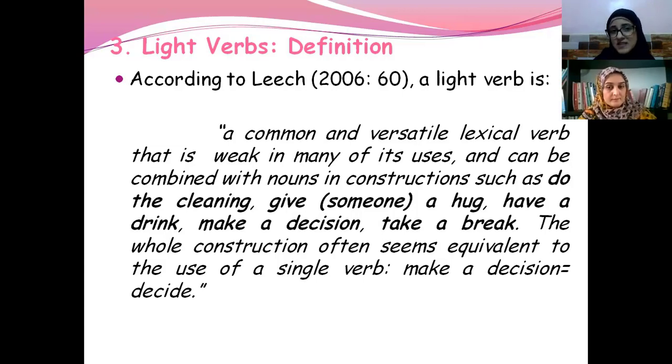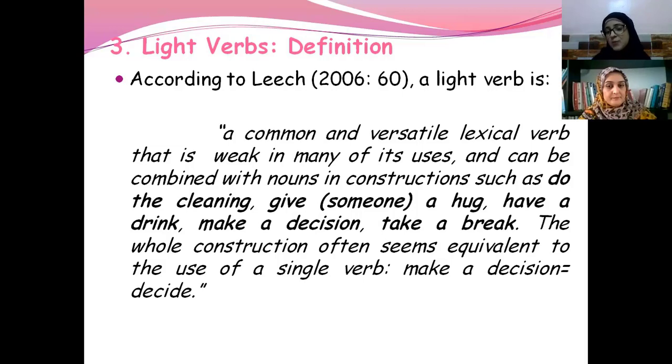As far as Leech is concerned, he defined a light verb as a common and versatile lexical verb that is weak in many of its uses and can be combined with nouns in constructions such as do the cleaning, give someone a hug, have a drink, make a decision, take a break, etc. The whole construction often seems equivalent to the use of a single verb.